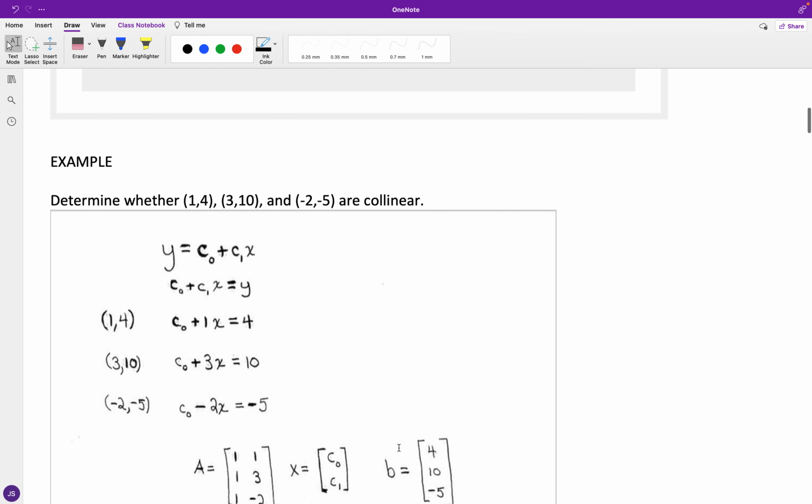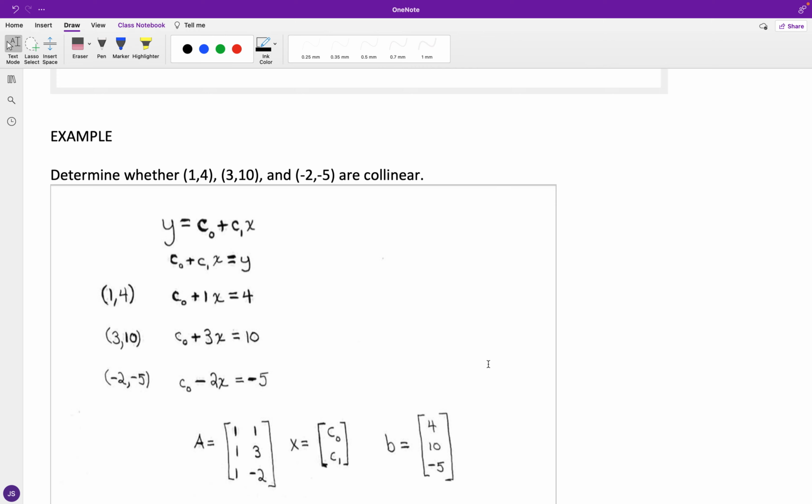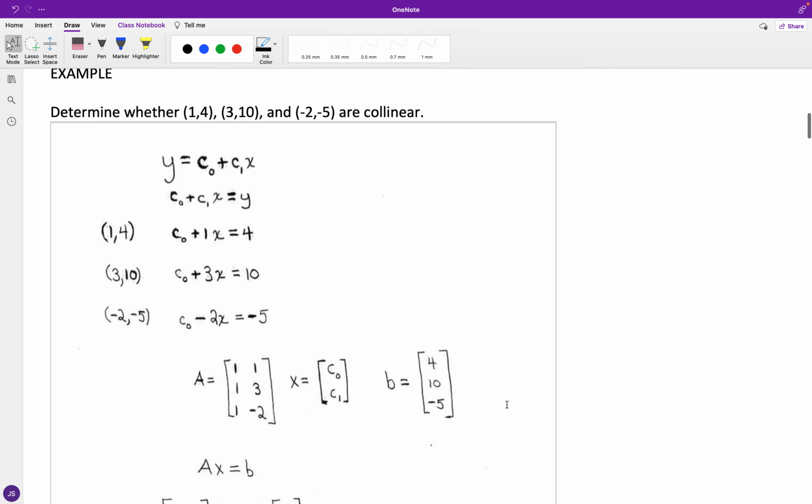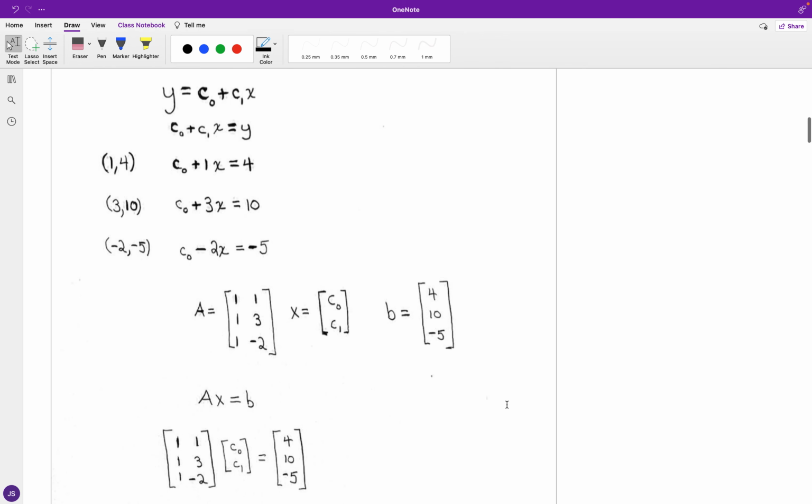Setting things up in the Ax = b format, the coefficient matrix A has rows 1 and 1, 1 and 3, 1 and -2. Again, x contains c0 and c1. And for b, we have the y values 4, 10, and -5. So we have the equation Ax = b.